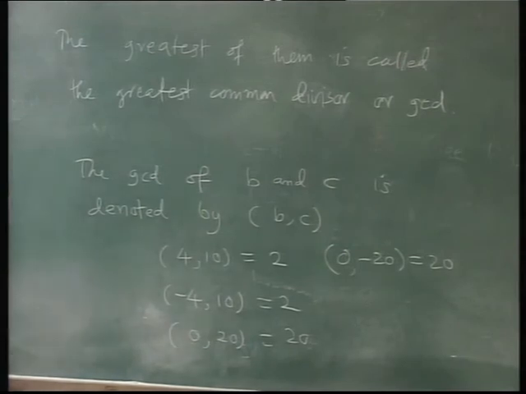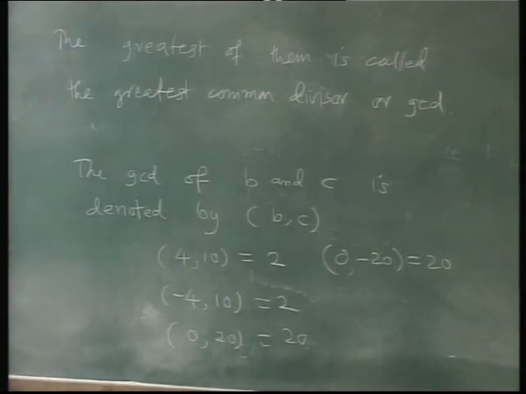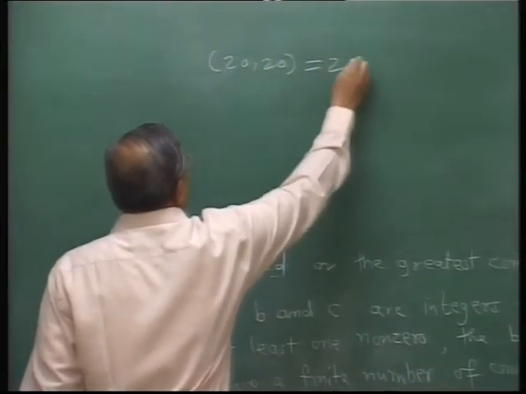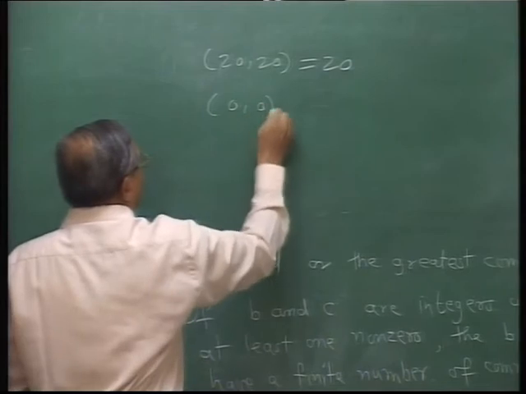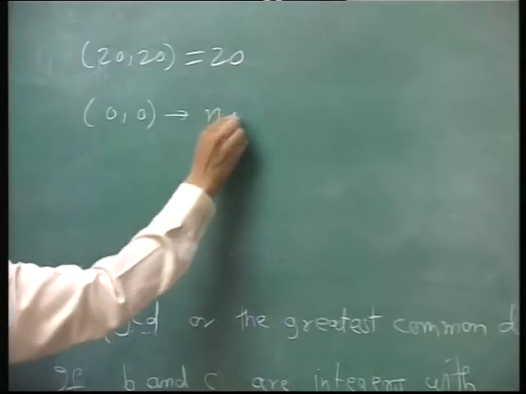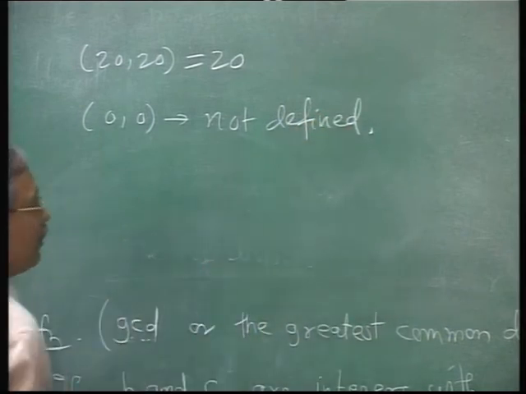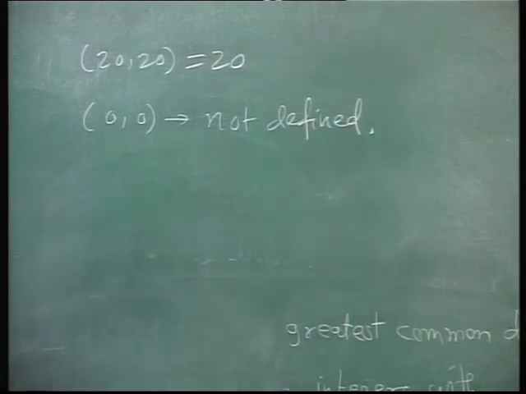But if A and B are both 0, we don't have that situation. Although we have GCD of 20, 20, that we can consider. That is 20. But GCD of 0, 0, that we do not define, because there is no largest.